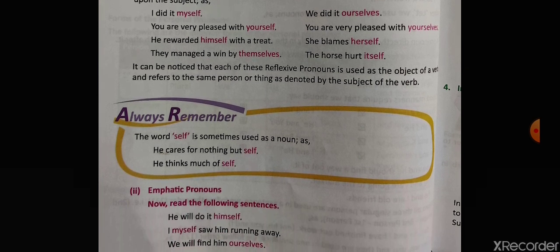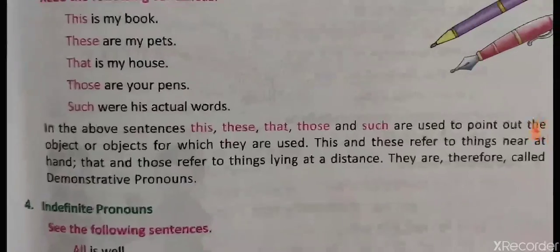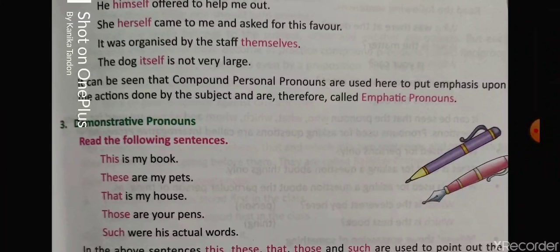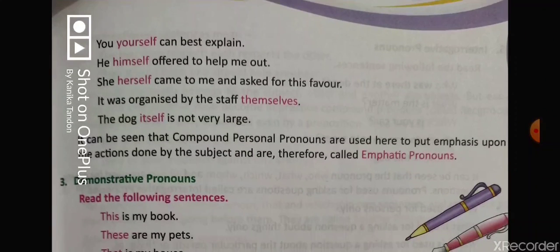Next is emphatic pronouns. Compound personal pronouns are used here to put emphasis upon the action done by the subject and are therefore called emphatic pronouns. Here the action is done by the subject and the whole focus is on the subject itself.